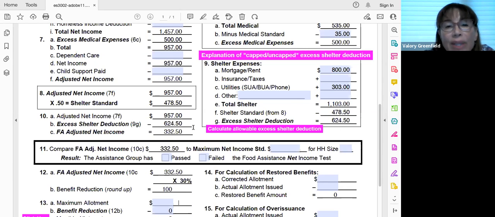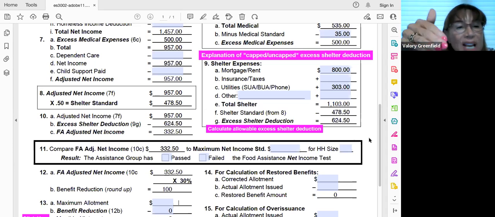If you're dealing with a household that is not a senior, doesn't contain a senior, doesn't contain a person with a disability, it is going to be capped at 624. So you need to be aware that your math could be thrown off at this point, and just keep that in mind. But for this particular senior, this form works great, and it has moved the number from 10C into the box at 11.